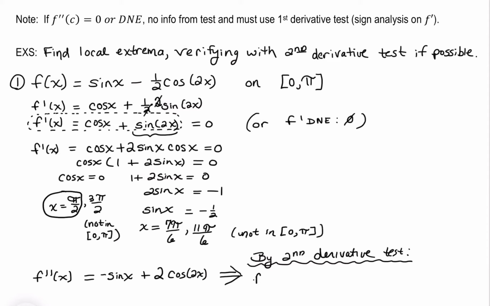And now we are subbing that pi over 2 into the second derivative. So what happens when we sub this in? All right, so we have negative sine at pi over 2, and then plus 2 times cosine of 2 times the pi over 2. And of course, those 2's would reduce.